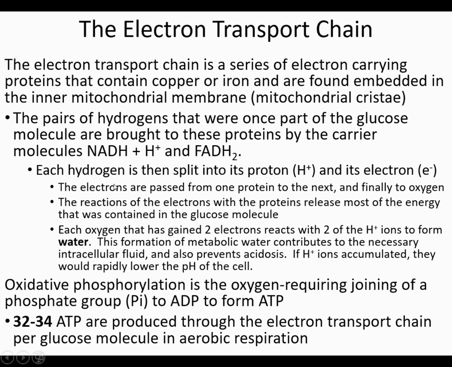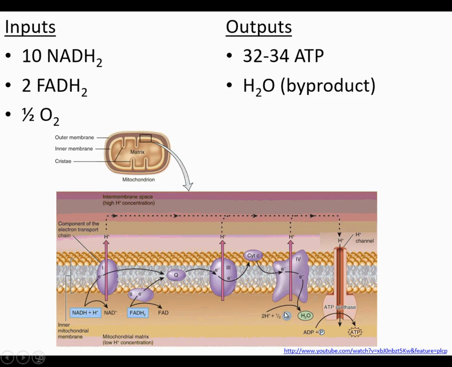Okay. We pass the electrons from one protein to the next. Finally, oxygen is what accepts them. And remember, if you think back to the very beginning of the lecture, the first time we saw the formula for cell respiration, we said that oxygen was getting reduced.